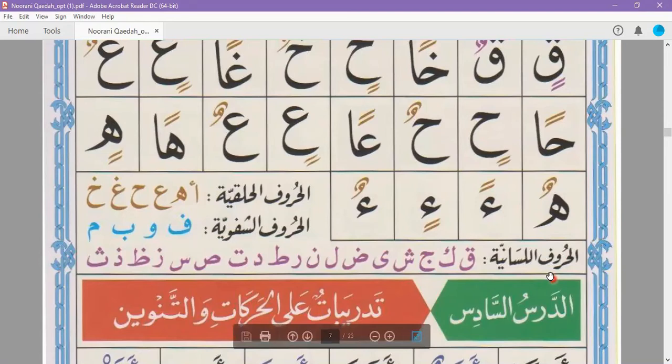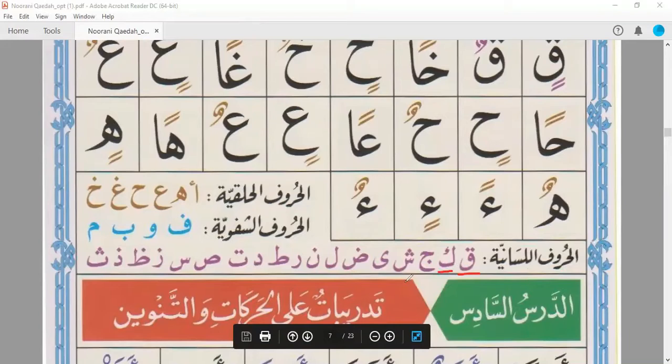Okay. And then you have al-huruf al-lisaniyah, the tongue letters. These are 18 letters: qaf, kaf, jim, shin, ya, dad, lam, noon, ra, ta, dal, ta, sad, sin, za, dha, dal, tha. Those are 10 makharij. Qaf is 1 makhraj, kaf is 1 makhraj, jim, shin, ya is 1.